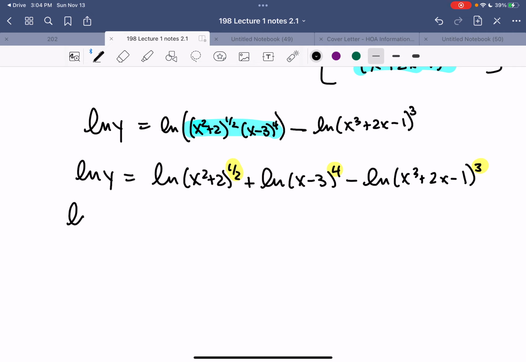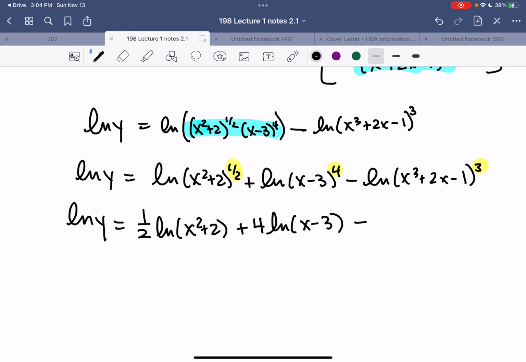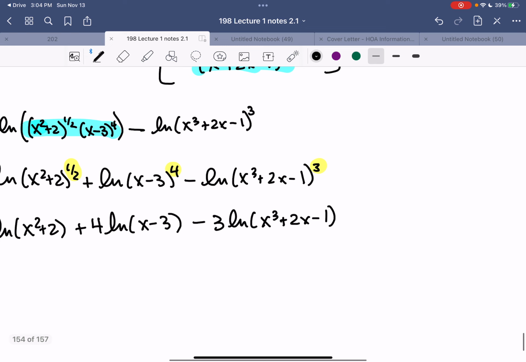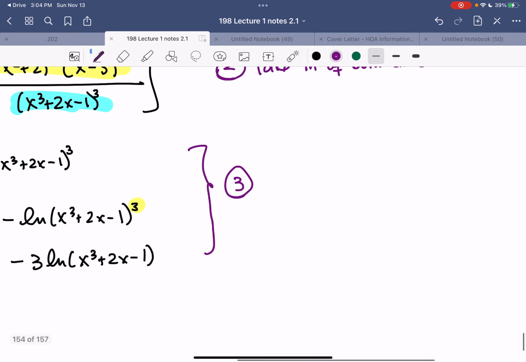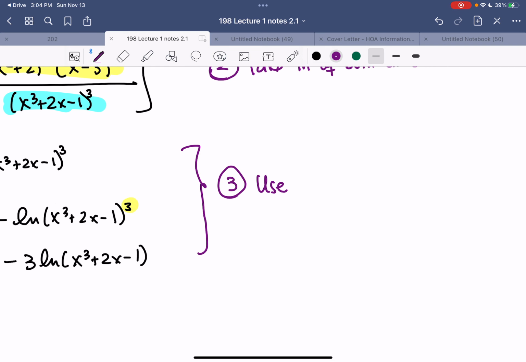So this is the same as the natural log of y equals 1/2 the natural log of (x squared plus 2), plus 4 times the natural log of (x minus 3), minus 3 times the natural log of (x cubed plus 2x minus 1). So what did I do? It took all three of these steps, using the ln rules, to simplify.